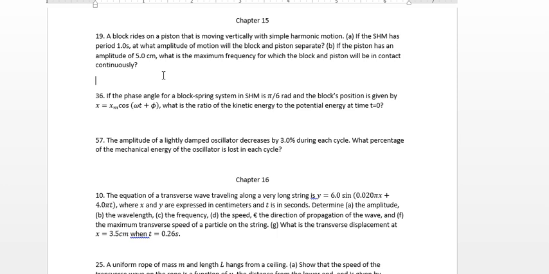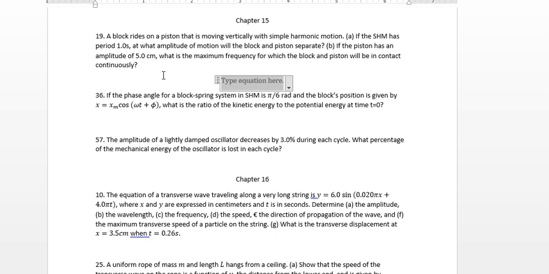All right, so if you turn to chapter 15, the end of the chapter, maybe. If we have the position, if the position is some x max cosine omega t, I'm not going to worry about the angle right now.